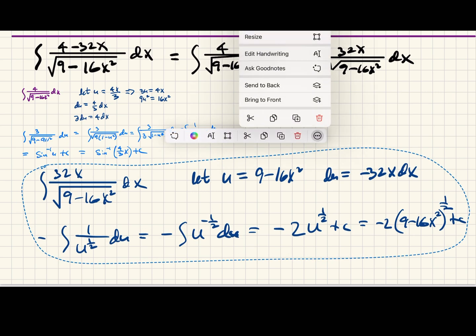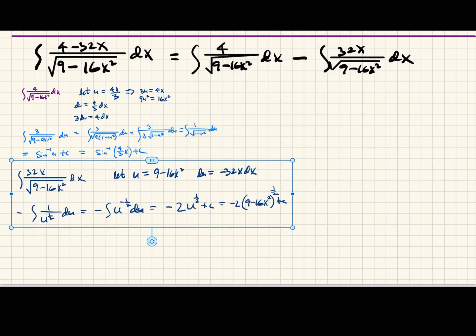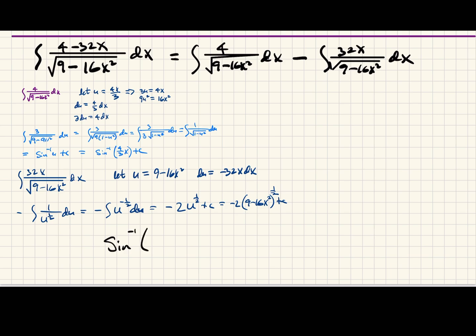So the whole thing is going to be, we've got inverse sine of 4/3 x. Now I got to think about that minus.